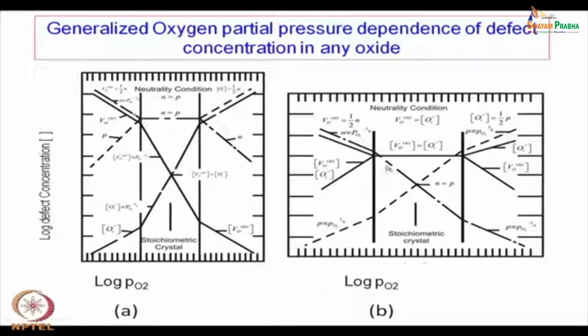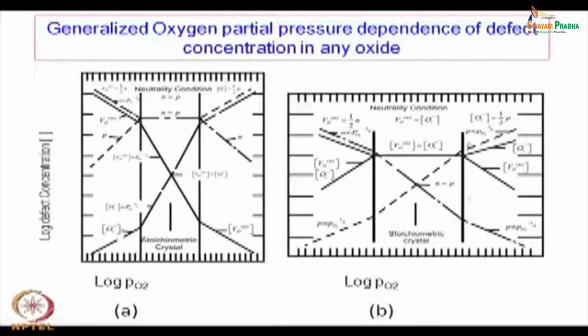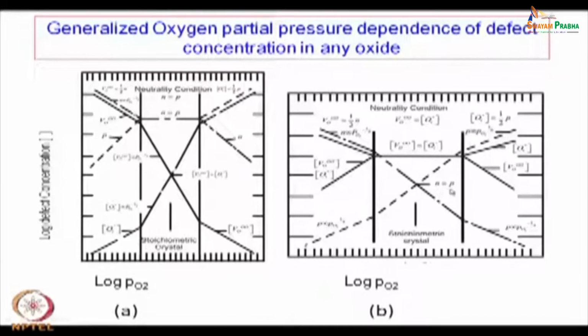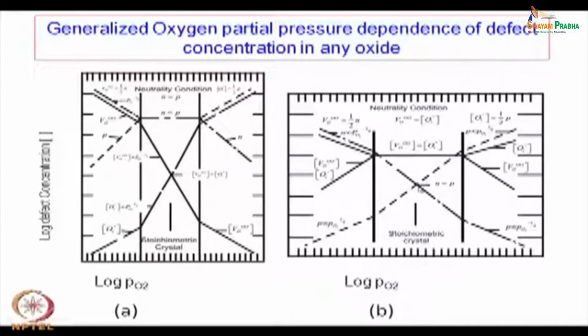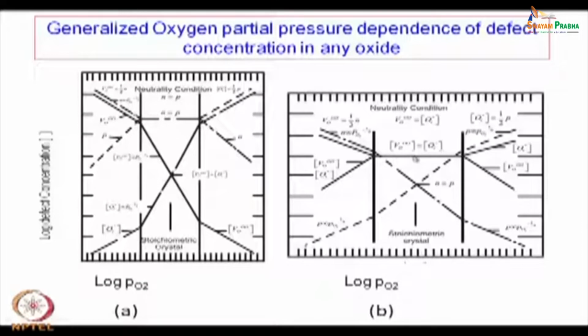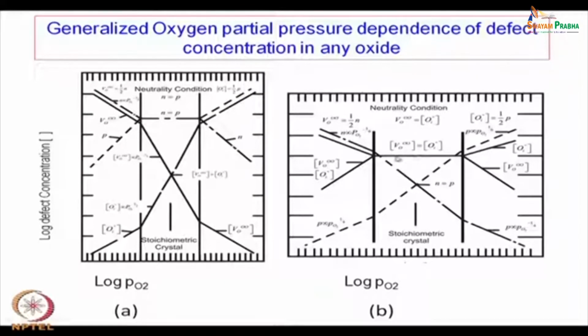The only difference here is this value: the electronic compensation, or the equilibrium constant for n and p, is lower than for the oxygen vacancy and oxygen interstitials. So, this value is higher, and the plateau here is because of this neutrality condition, that is oxygen vacancy and oxygen interstitials.